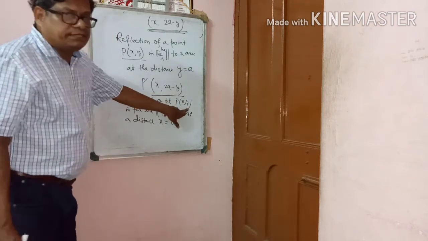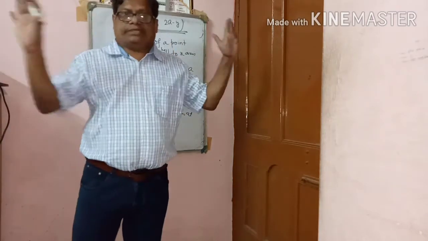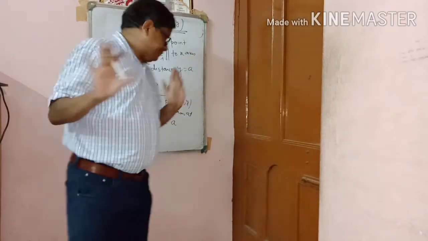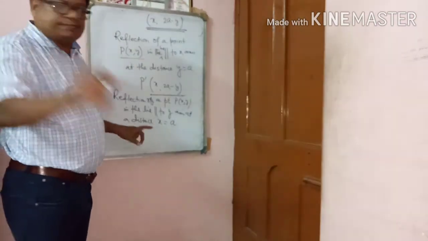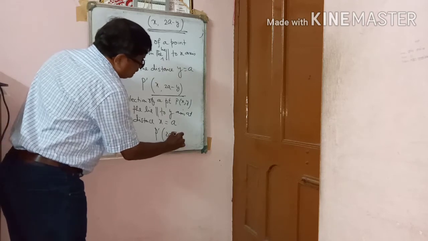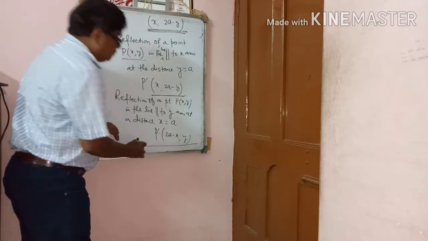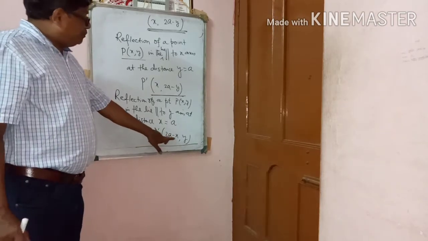For a line parallel to the y-axis, y has no change, keep in mind. So x will be changed, that is 2a minus x. So write P dash as (2a minus x, y). That is the new coordinate.